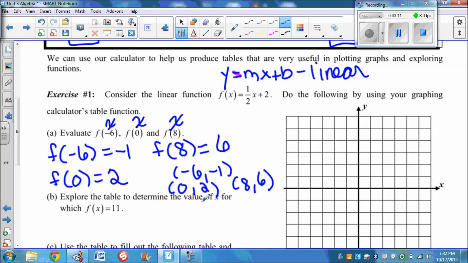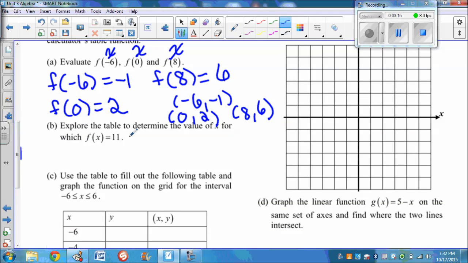It says explore the table to determine the value of x for which f of x equals 11. So now they're giving us the output, or they're giving us that y value. We've got to find the x value that's associated with it. So right now we know y is 11. All right, we're going back to our table to determine what x value is associated with a y value of 11.